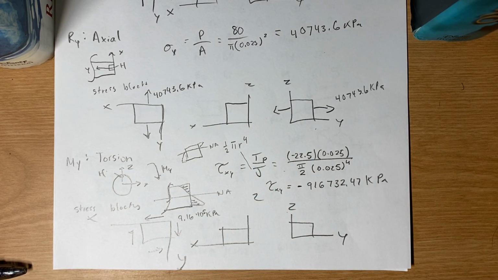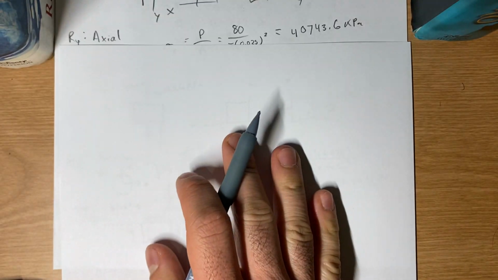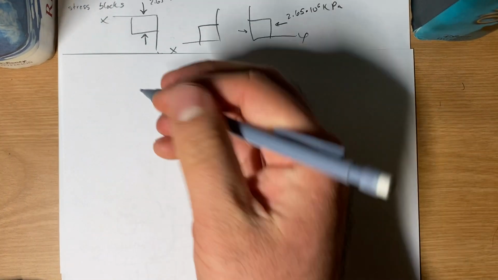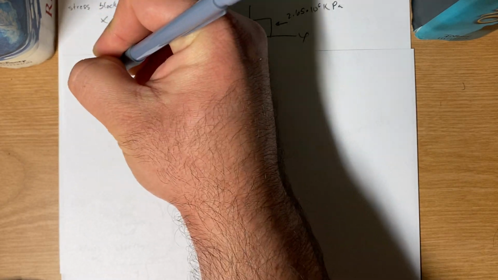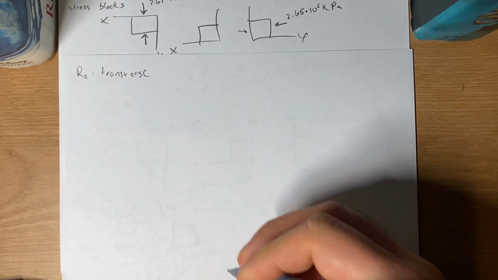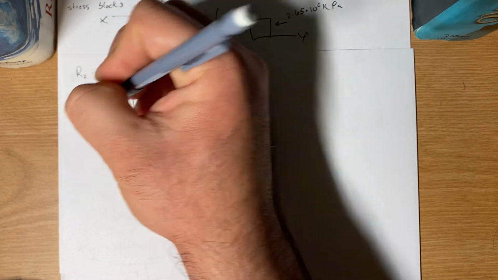So now to find my RZ and my MY. My RZ is pretty easy. I'm just going to do this for note-taking purposes. So RZ is transverse, and it looked like this, right?